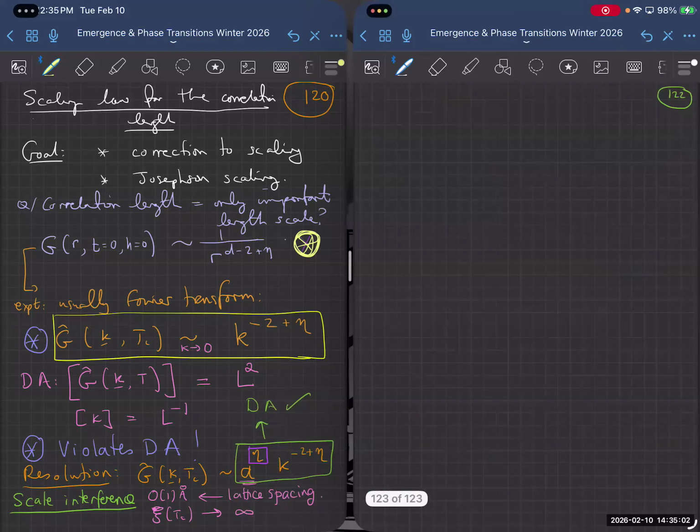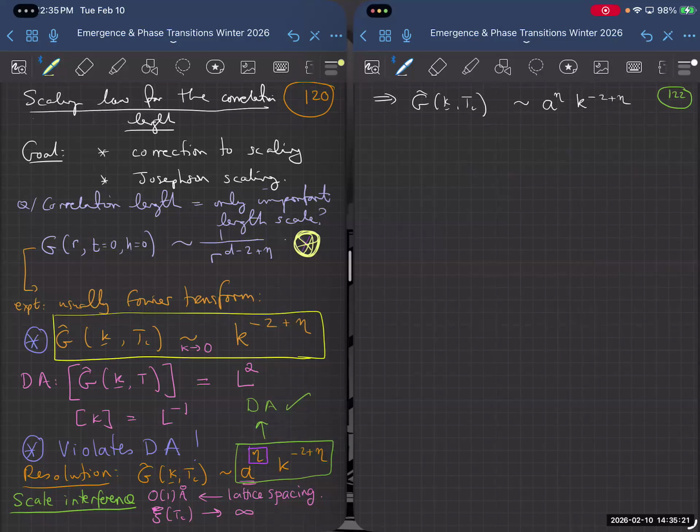What we must then conclude is that if I look at G of k and T at Tc, that is going as a to the power eta times k to the minus 2 plus eta.